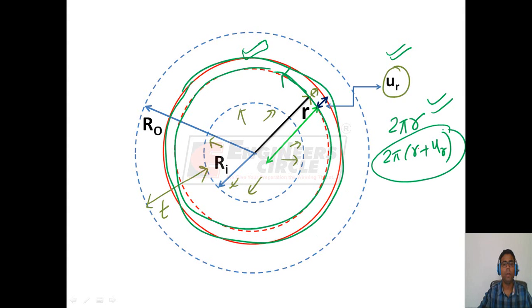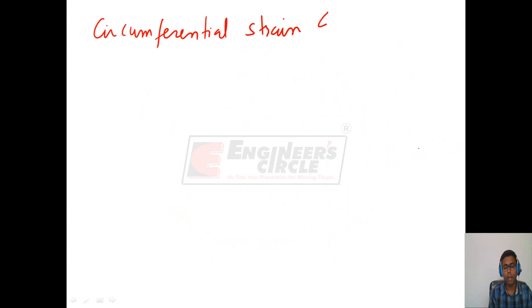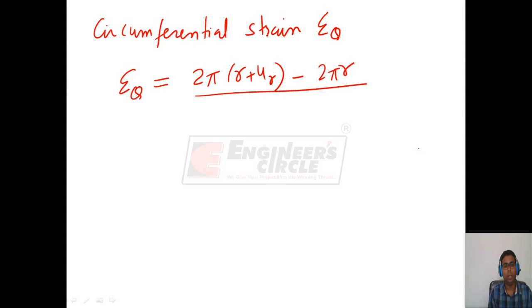Now we can find circumferential strain. Circumferential strain, denoted by epsilon theta, can be written as change in circumference divided by original circumference. Now the change in circumference is the final circumference, which is 2 pi r plus ur at any distance r inside the thickness of the cylinder, minus initial circumference at r is equal to r, which is 2 pi r, divided by the original circumference, which is 2 pi r.